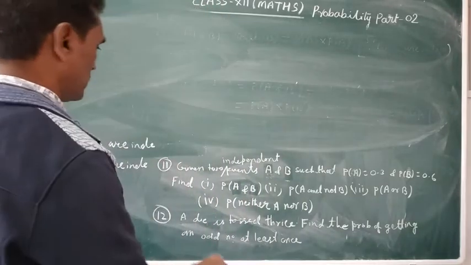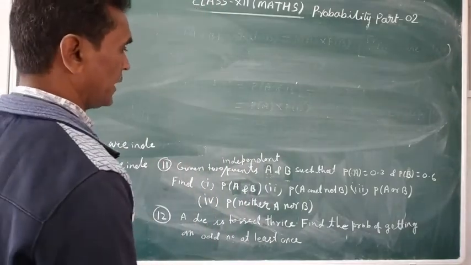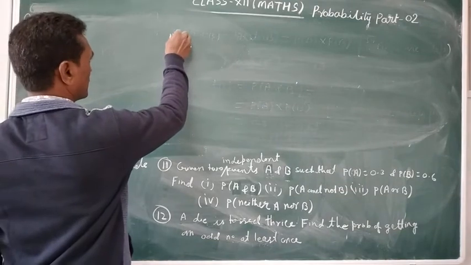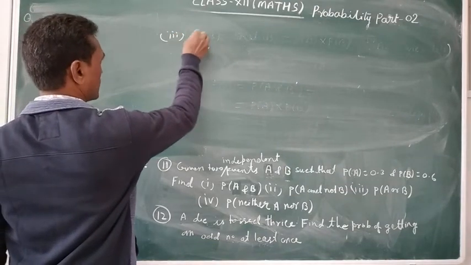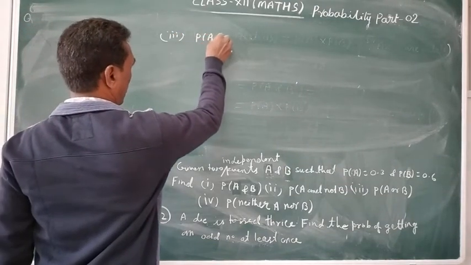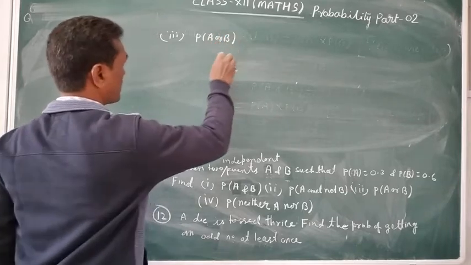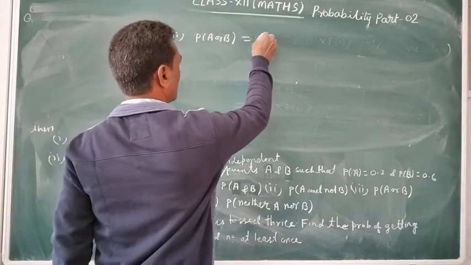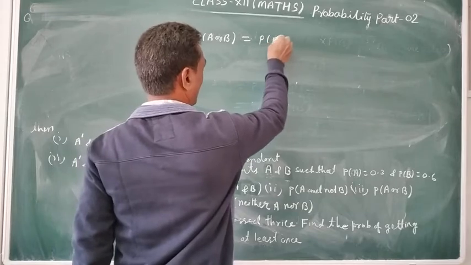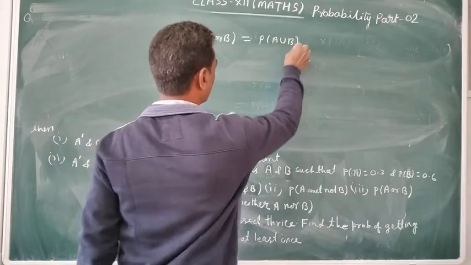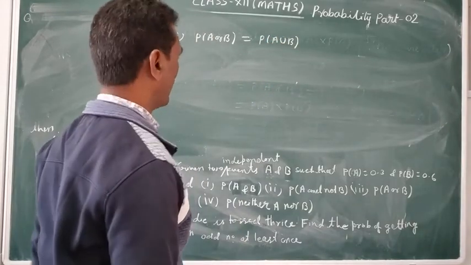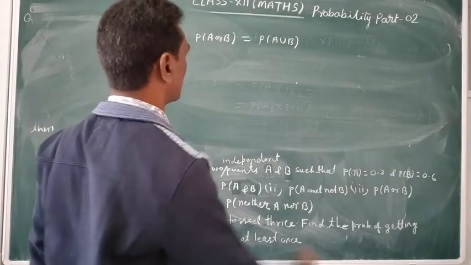Now third part of this question, probability of A or B. A or B is equal to probability of A union B. We use union for or, and for and we use intersection.